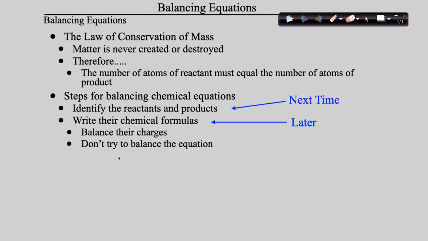And then guys, step 3, well, I'll wait for a second. You guys doing okay? Step number 3 is balance the equation using coefficients. And guys, this is where we're going to spend 90% of our time today.